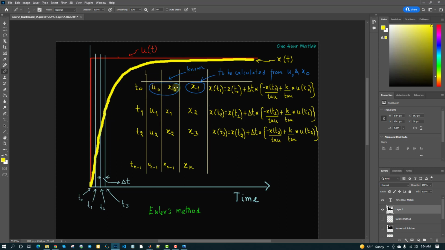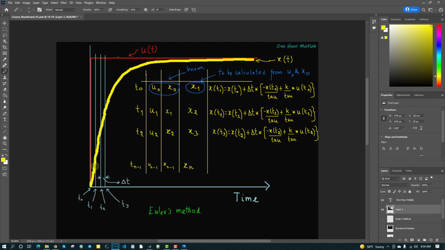We want to find x1, which is x of t1, and it is given by x of t0 plus delta t, which is known, multiplied by minus x of t0, which is known, tau is known, it's just a constant, plus k, also a constant, by tau, multiplied by u of t0. If we evaluate this right hand side, we get the system response for x of t1.